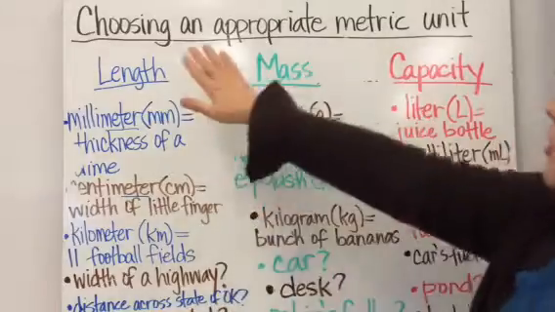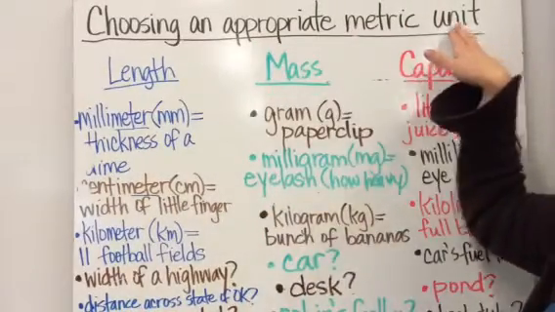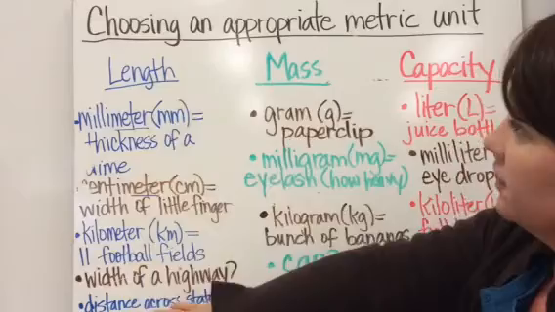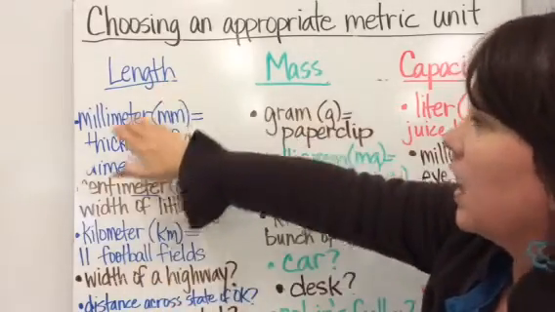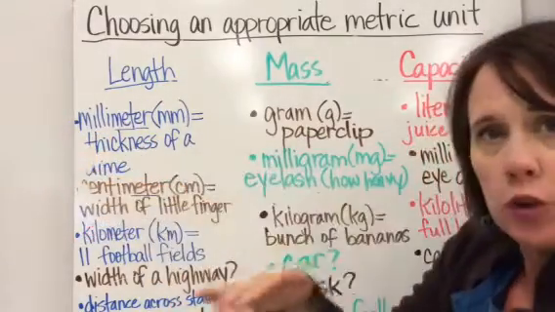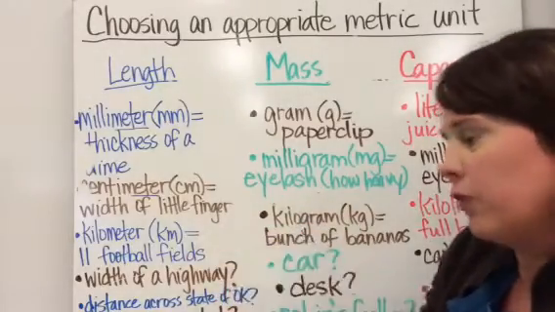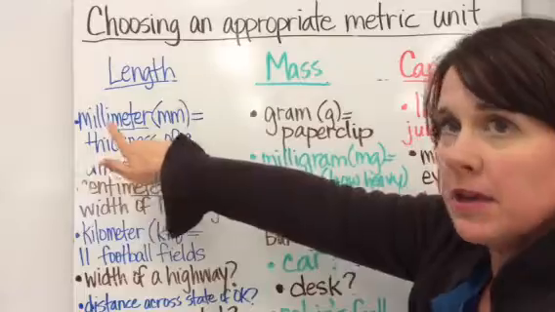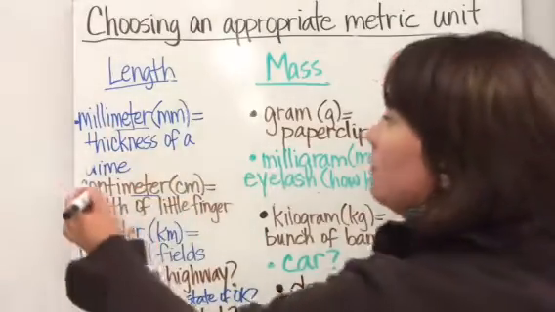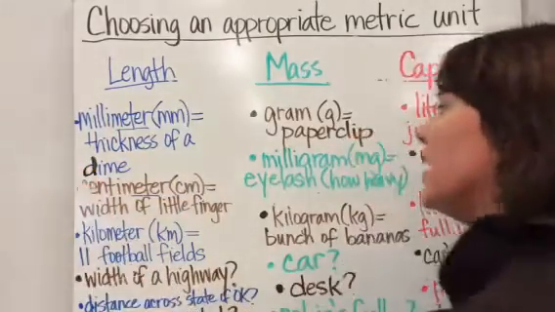Now, when we're asked to choose an appropriate metric unit, we look at these different measurements. Let's talk about length. We already talked that a meter was the standard unit. It's the height from the floor to the doorknob. A millimeter is something very small. It's about the thickness of a dime.